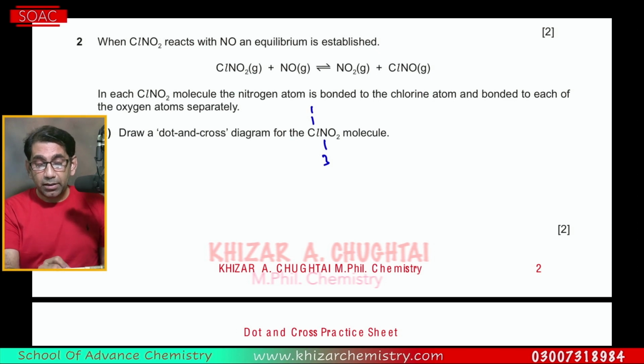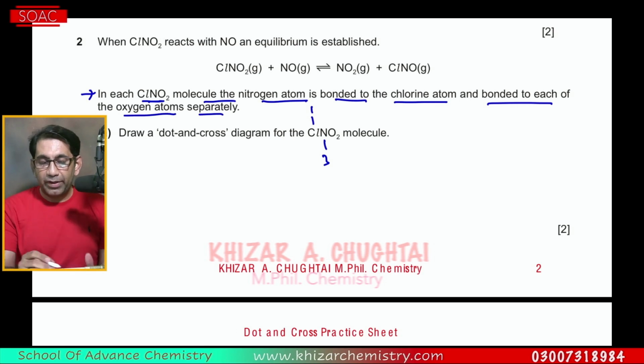In this case, he is saying that in each Cl-NO2 molecule, the nitrogen atom is bonded to the chlorine atom and bonded to each oxygen atom separately. I mean, the nitrogen atom is bonded with Cl, and the nitrogen atom is also bonded with each oxygen atom. So the basic picture is this one.